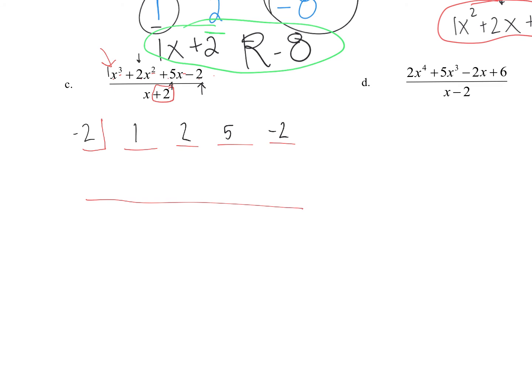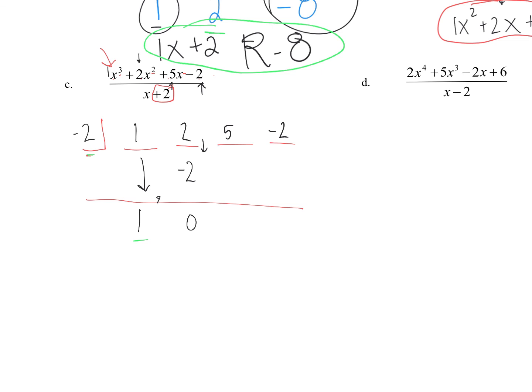So first step, bring down that 1, okay? Then I multiply -2 times 1 gives me -2. That's always going in the middle, okay? So whatever answer you get from your multiplication always goes in the middle column, the middle section, okay? Then I come down. 2 minus 2 is 0.